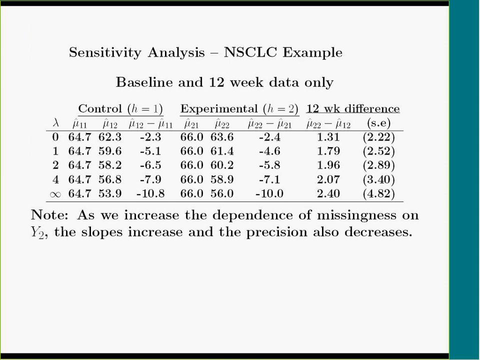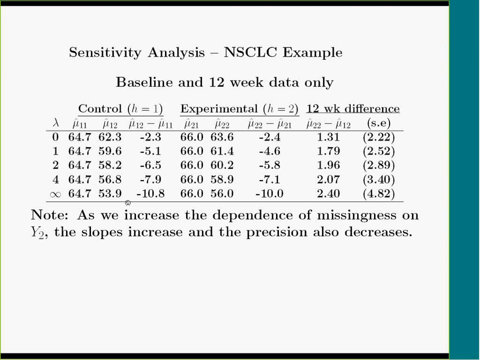Here's an example where I just look at the baseline and the 12-week data. This is the baseline where I have complete data for all settings, and this is my estimated mean at 12 weeks. If I assume that it's missing at random, I get an estimate of about 62.